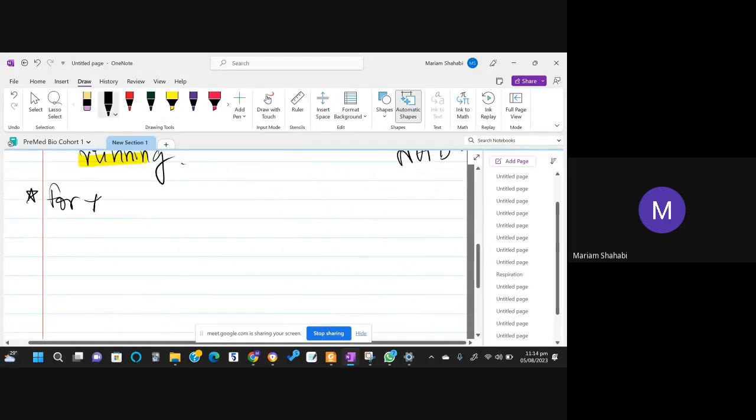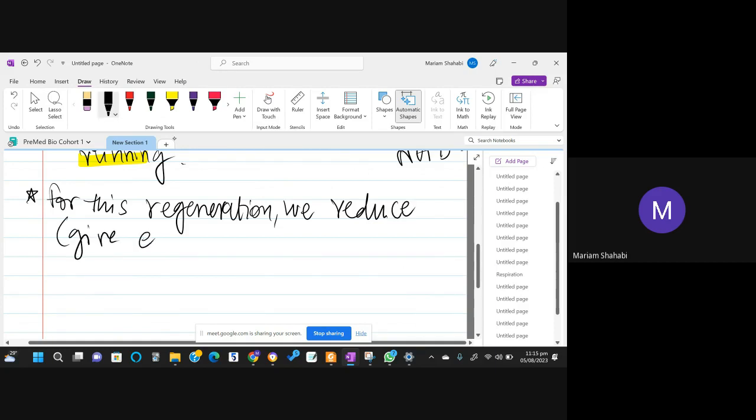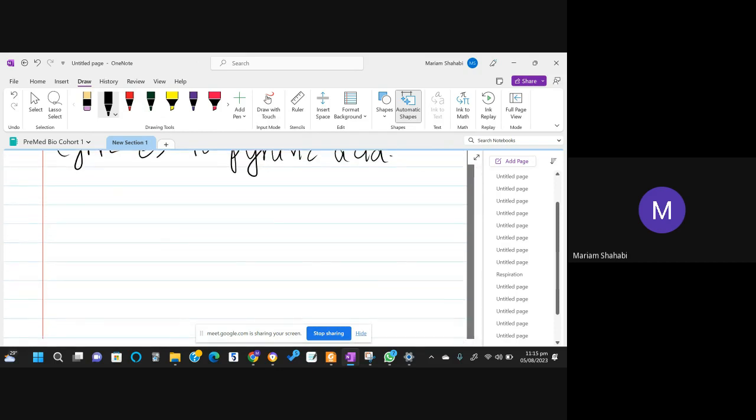For this regeneration, we reduce, मतलब give electrons to pyruvic acid.